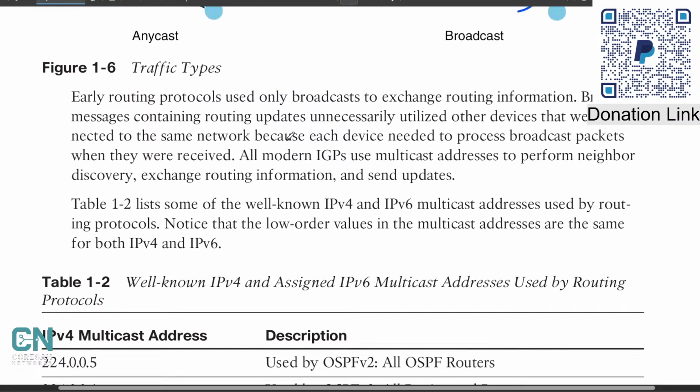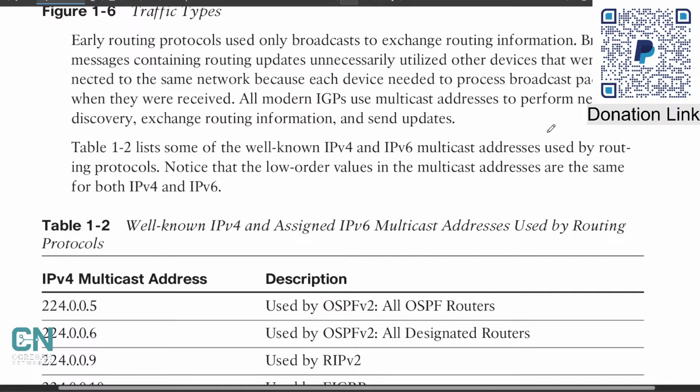Early routing protocols used only broadcast to exchange routing information. Broadcast messages containing routing updates unnecessarily utilized other devices connected to the same network, because each device needed to process the broadcast packet when it was received.